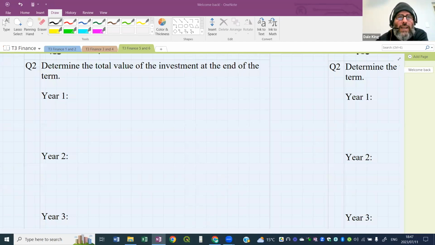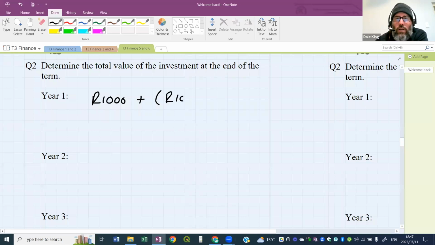So in question 2, year 1, determine the total value of the investment at the end of the term for year 1. All right, year 1. Now we are going to do the interest calculation in here as well. So watch what I do. We're going to take our 1,000 Rand and add on the interest that we earned. We said to work out the interest, I'm going to redo this calculation just like we did above.